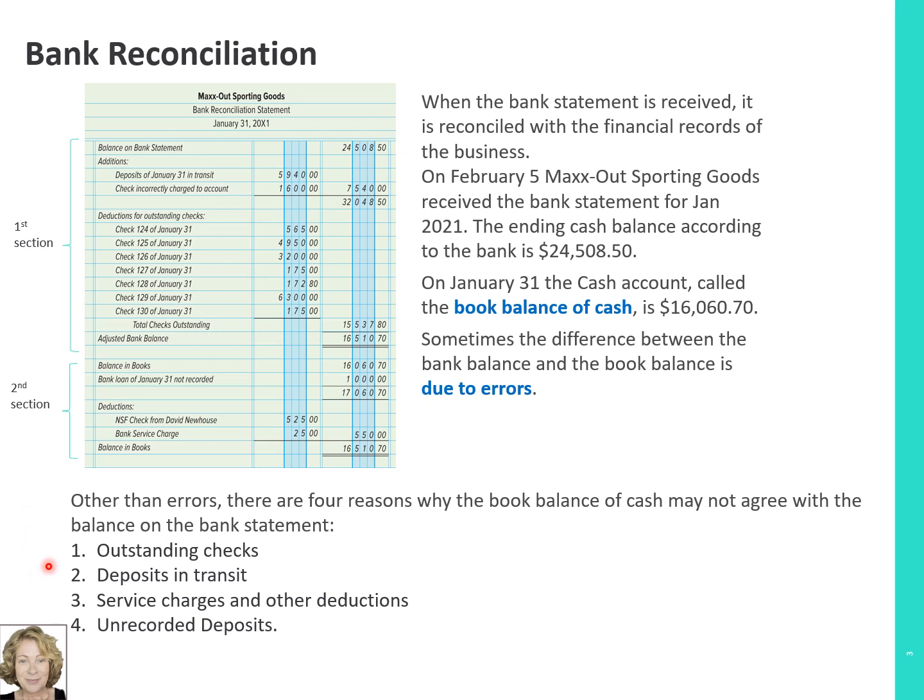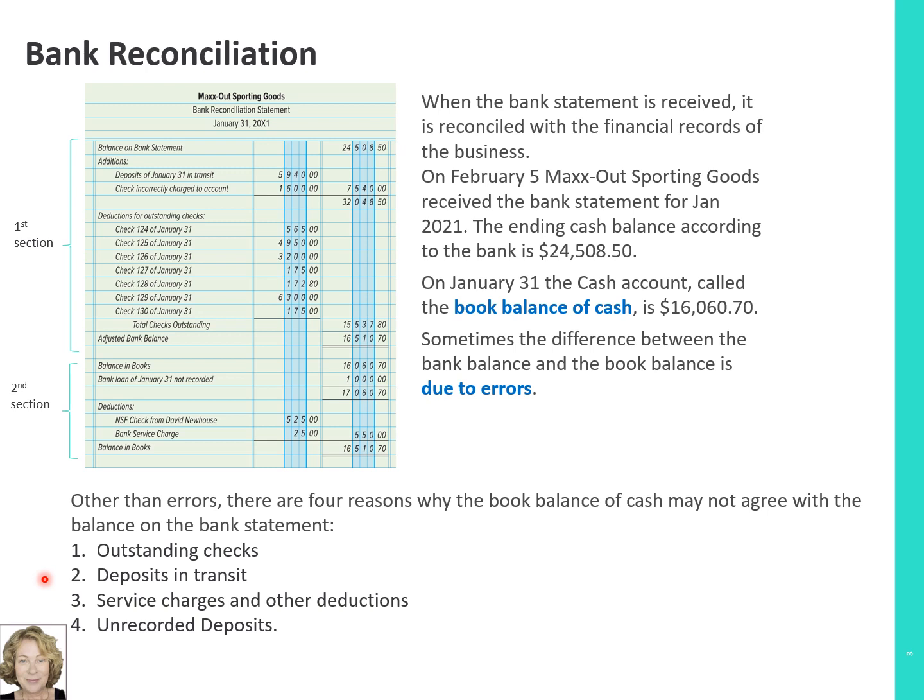There's outstanding checks that have been issued and recorded in the company's general journal, but have not yet been cashed by the bank. For example, the company issues 5 checks on the last day of the month, but the checks aren't cashed until the following week. There's also deposits in transit, deposits that have been recorded in the company's general journal, but are not reflected on the bank statement.